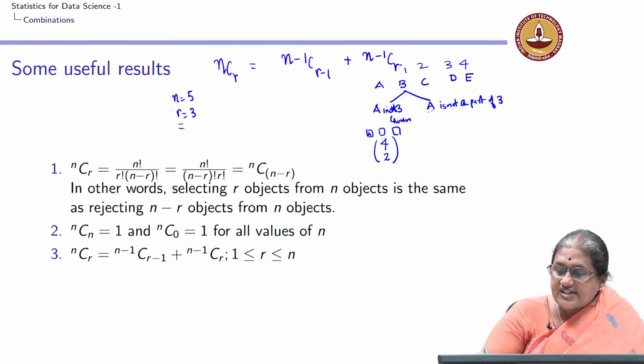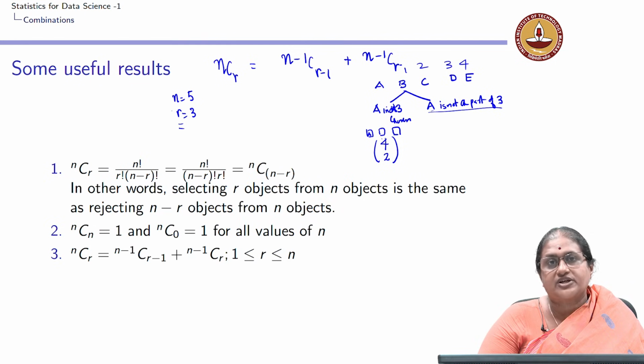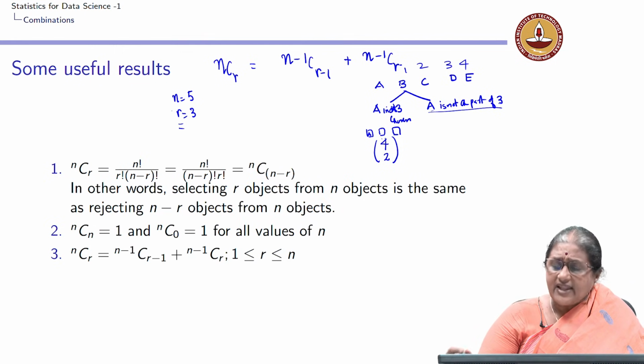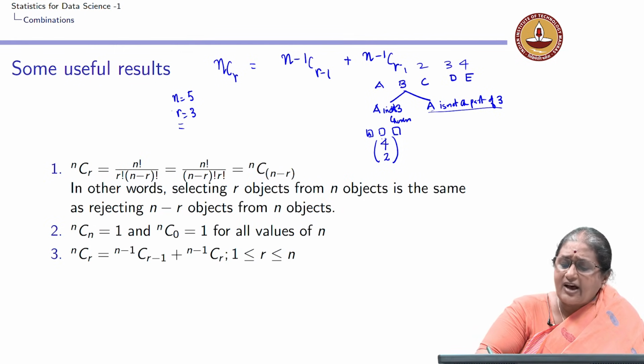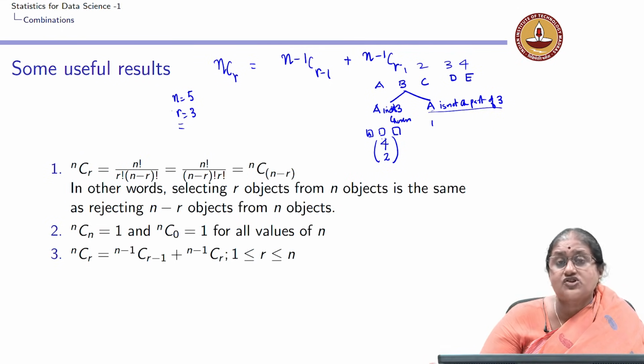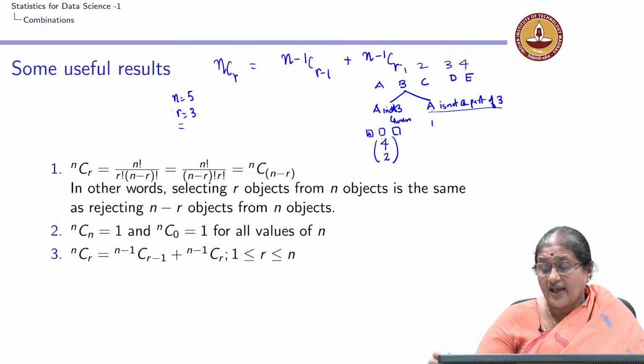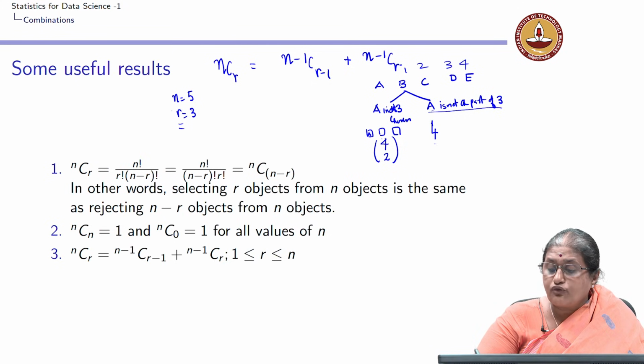Now, suppose A is not a part of the 3 objects. Then in that case, I have 4 objects available with me, which are B, C, D, E, and I have to choose all the 3 objects from these 4 objects, and that I can do in 4 choose 3 ways.